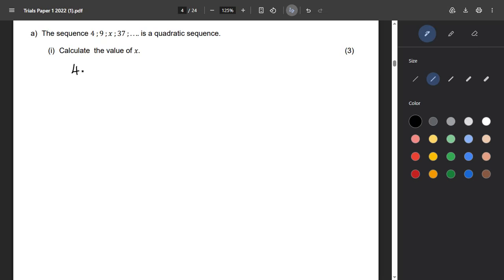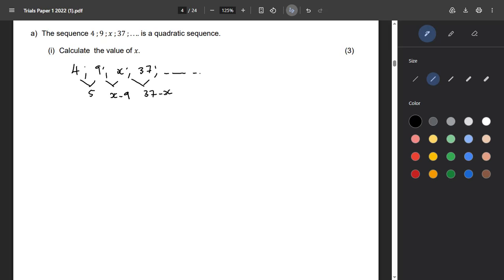So I'm going to rewrite my sequence: 4, 9, x and 37. And then I'm going to find the differences. 9 minus 4, that's 5. Then x minus 9. Then 37 minus x.